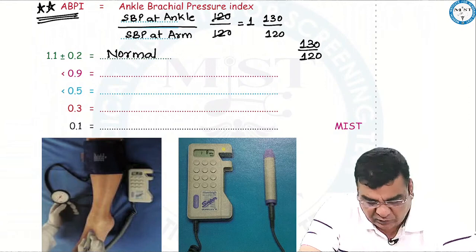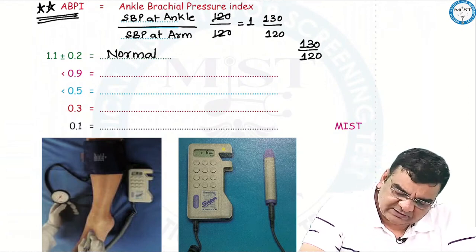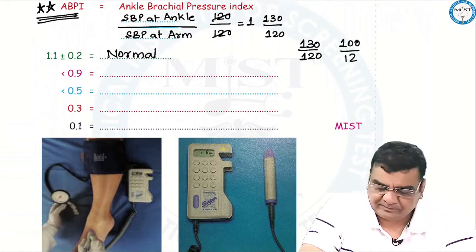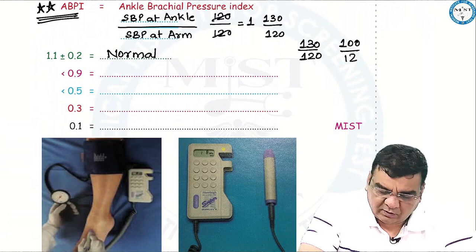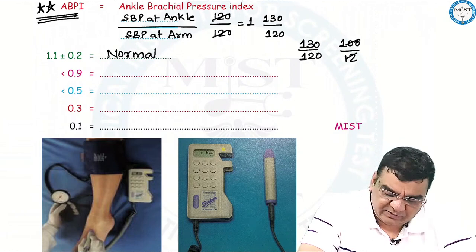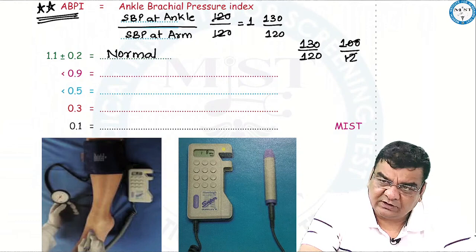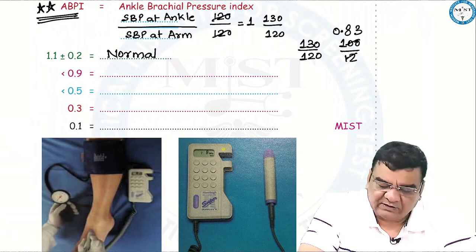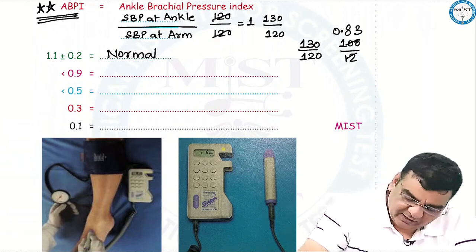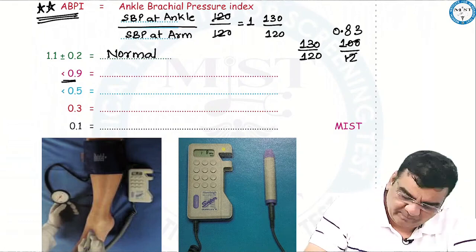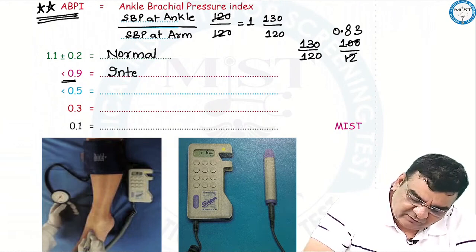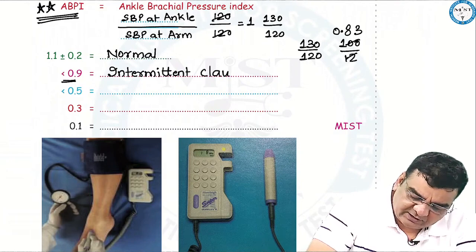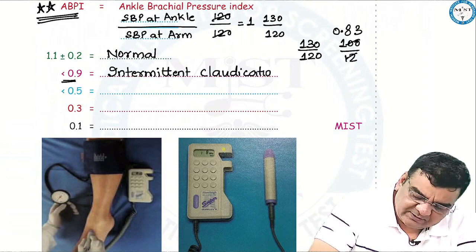So suppose the pressure in the distal part has gone down to 100. Now, if you calculate this ratio, beta, this would be somewhere around 0.83. If this ratio is less than 0.9, then this is a case of intermittent claudication. That means the story has just started.